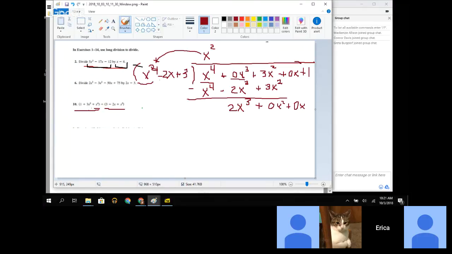So over here, again, this is crazy looking. This should just say x squared. What do I need to multiply x squared by to get a 2x cubed?